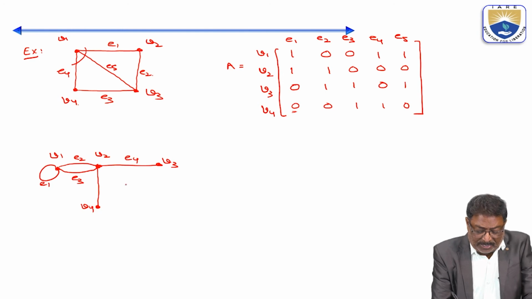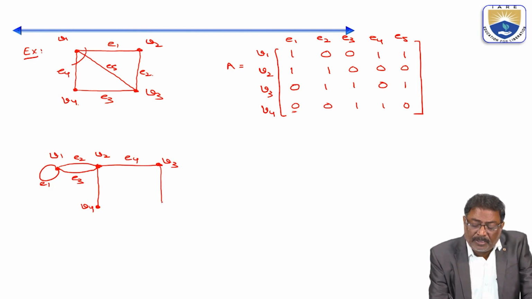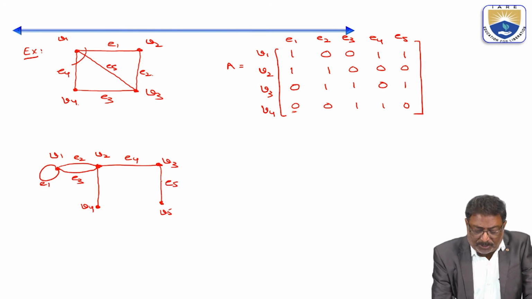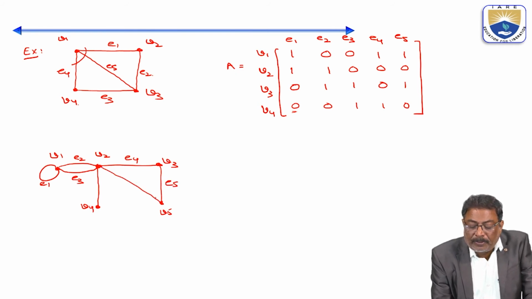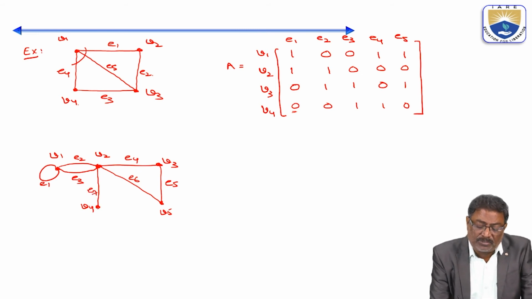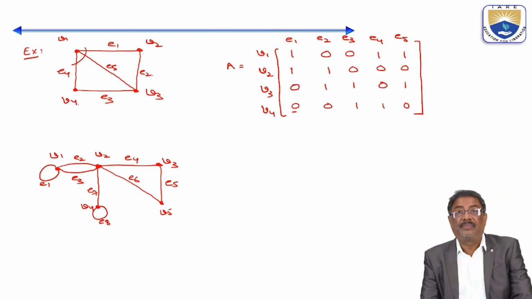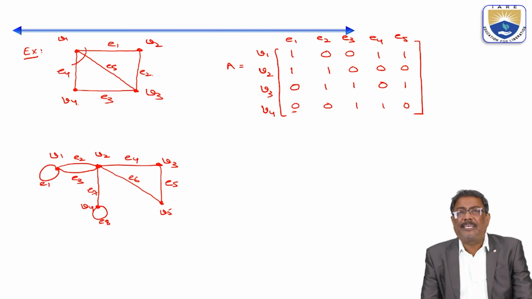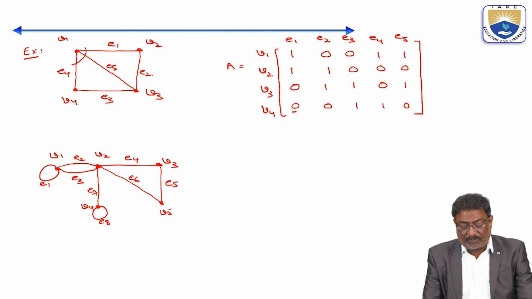Then V5, with edge E5, then edge E6, then edge E7, and if you want to construct, let us say E8. So this is a pseudograph.